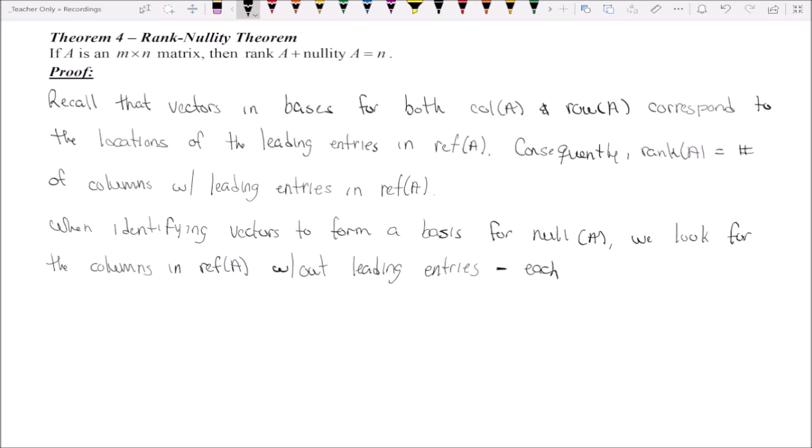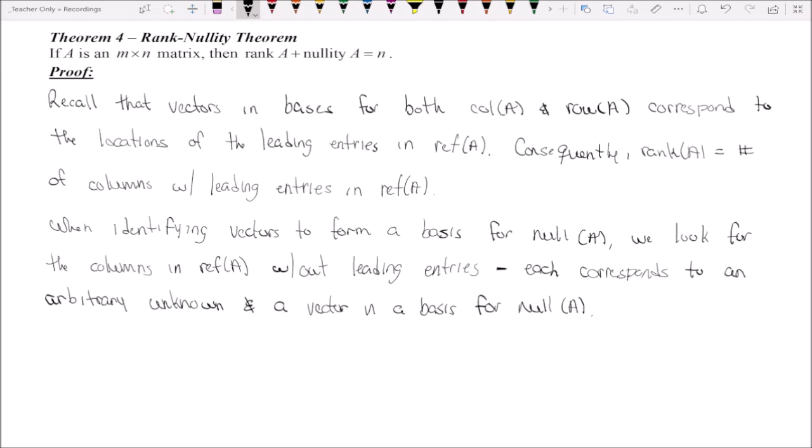That's because each of these corresponds to an arbitrary unknown, which is a free variable, and thus a vector in a basis for the null space of A. Right?